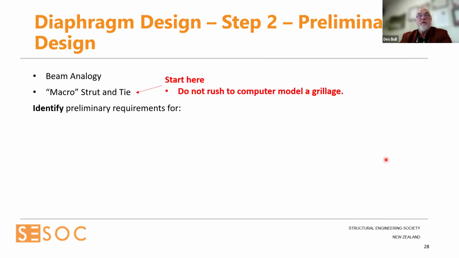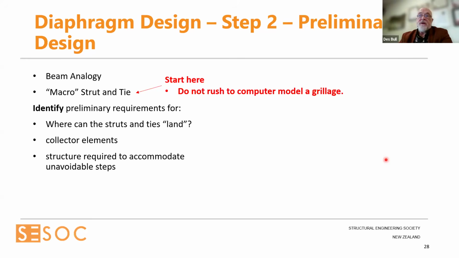Identify the preliminary requirements for where the struts and ties land. What are the collector elements likely to be? Do we have to accommodate unavoidable steps? Start thinking, how thick should our topping be? And ironically, how thick should our walls be?